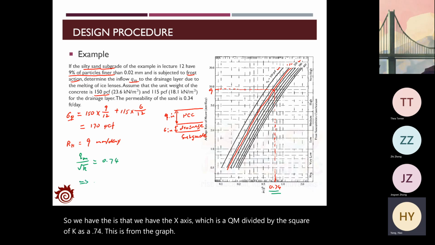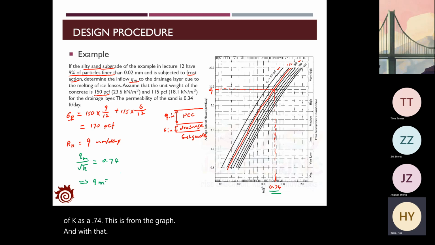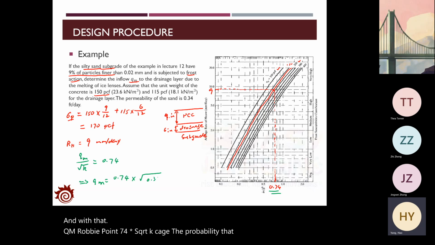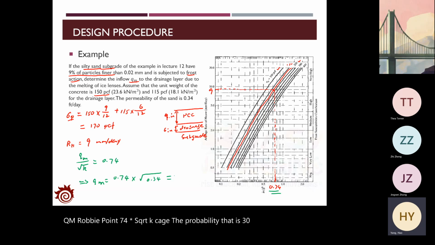And with that, qm will be 0.74 times the square root of k. K is the permeability, that is 0.34. So finally, we found the value of qm as 0.43 cubic feet per day per square feet.